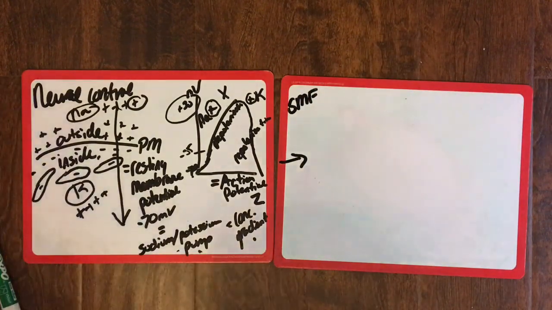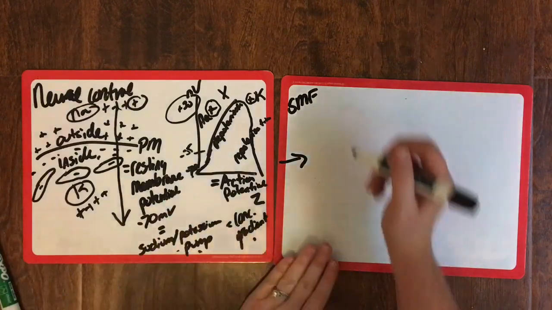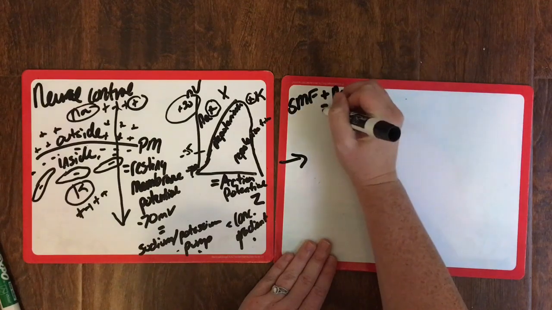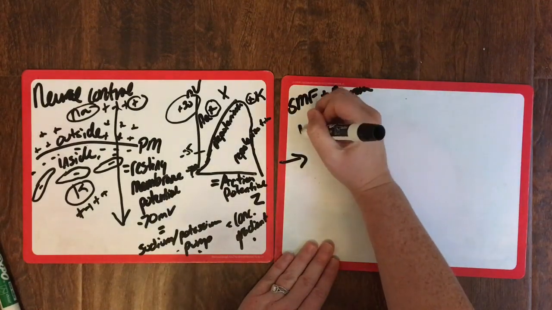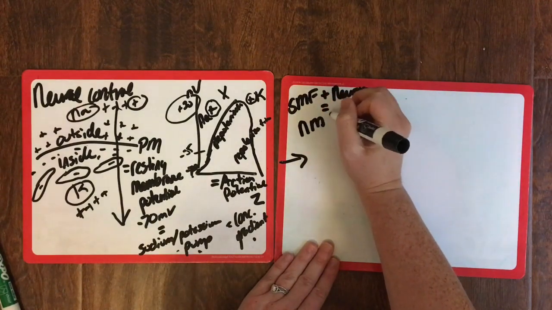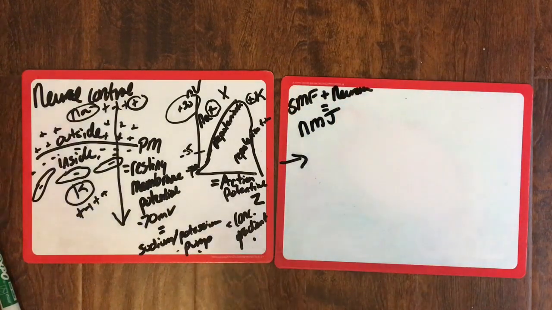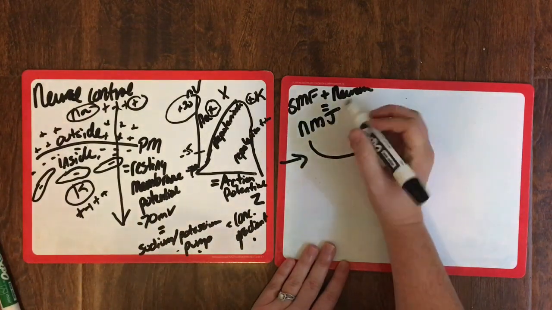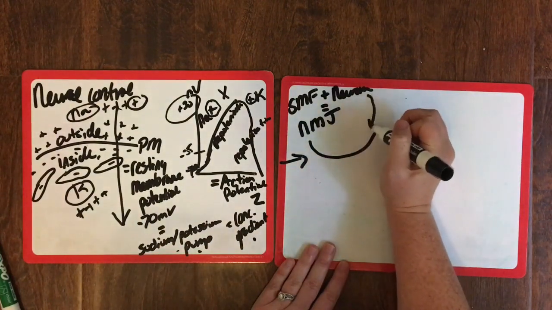Now, where does the skeletal muscle fiber and the neuron meet? So the skeletal muscle fiber and the neuron meet at the neuromuscular junction, okay? So what we're going to have is our neuron here, okay?